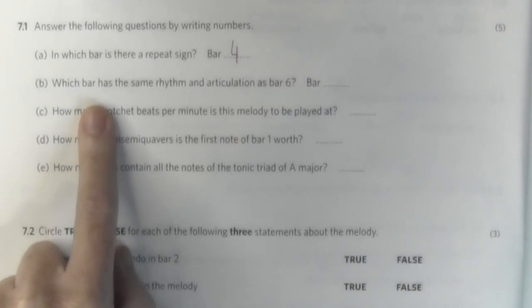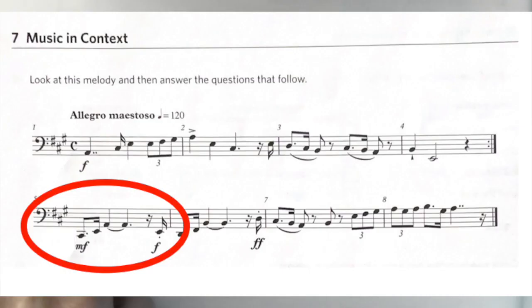Which bar has the same rhythm and articulation as bar 6? Well, I think it's bar 5, the one just before. We have a dotted rhythm, a tied crotchet to a dotted crotchet, a semiquaver rest, staccato. So absolutely, bars 5 and 6 are the same.